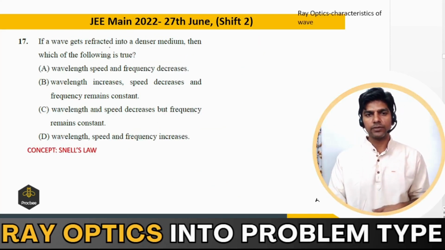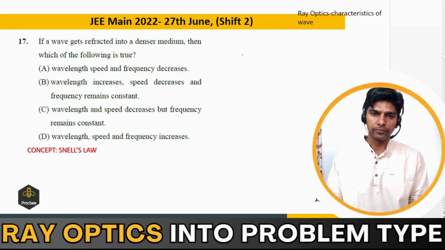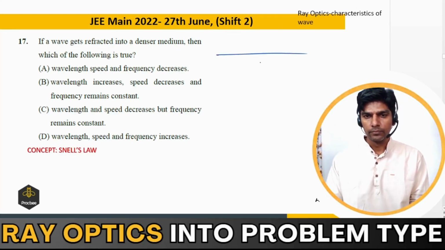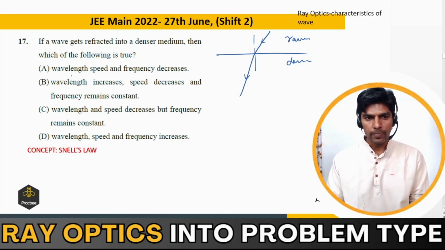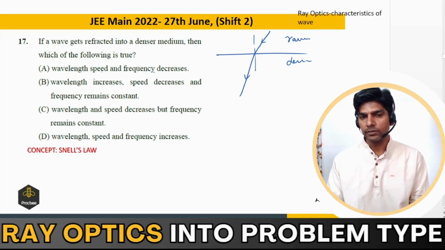If a wave gets refracted into a denser medium, so this is rarer and this is denser. So ray is getting into the denser medium. Which of the following is true? Wavelength, speed and frequency decrease. Frequency depends upon the source, right?